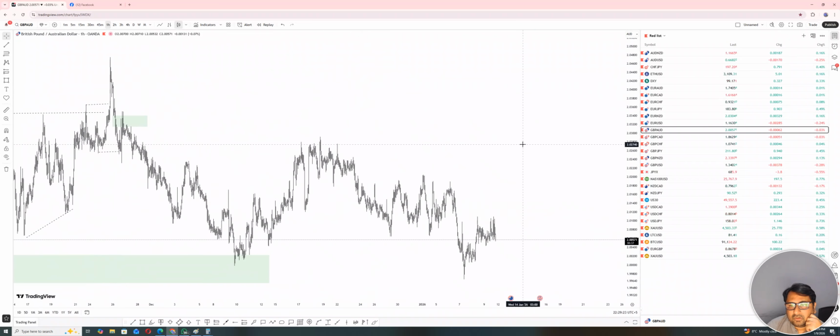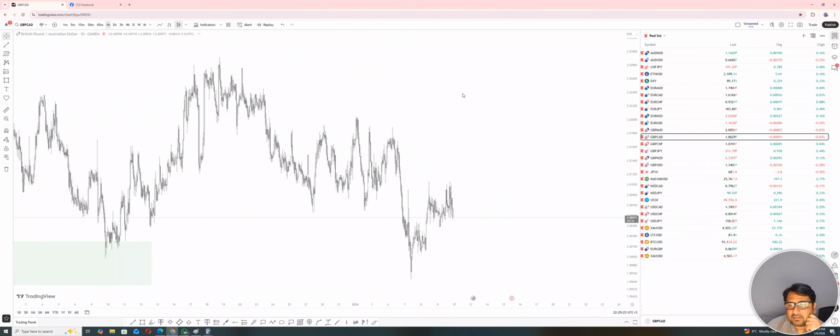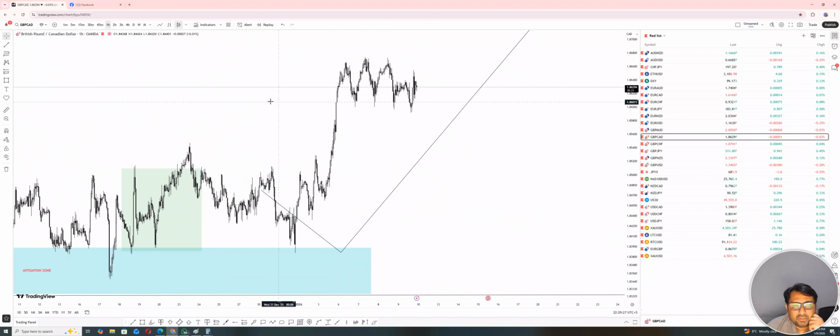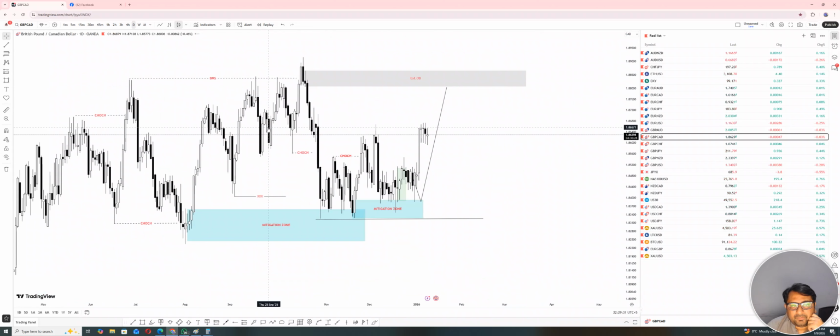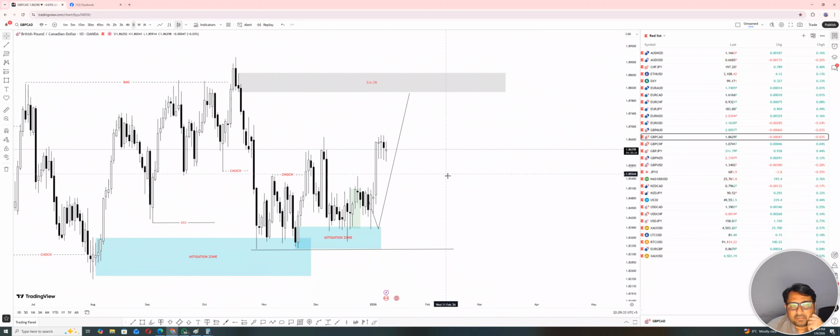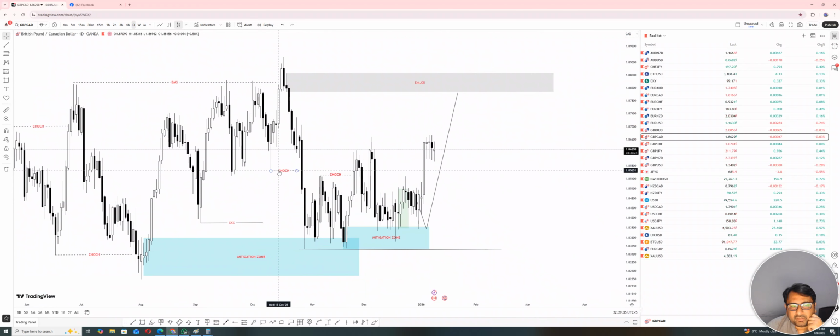And now we have GBP/CAD. We have a GBP/CAD pair, and we go to the daily time frame, and now you can see that we have a break of structure. This is your break of structure, and this is your change of character. First of all, when we have a break of structure on the daily time frame, we go to the H4 time frame.